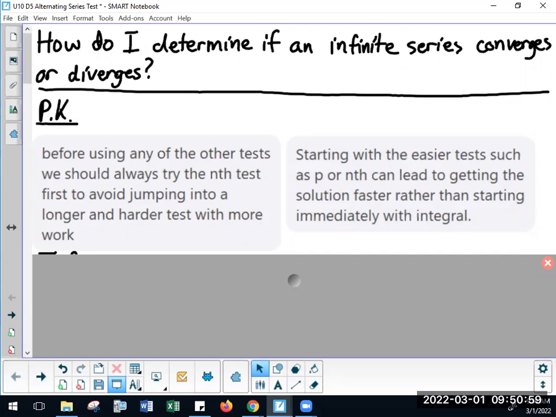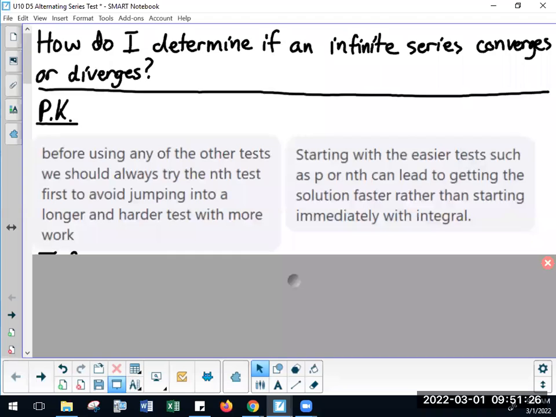Something else that I wholeheartedly endorse. I personally am reluctant to use the integral test because it takes a long time, especially when they're nasty ones with parts and substitution and partial fractions and long division, all the other goodies that we've studied. Those take a while. So I recommend considering those tests that are quick, like the p-series and the harmonic series test and the geometric series test.